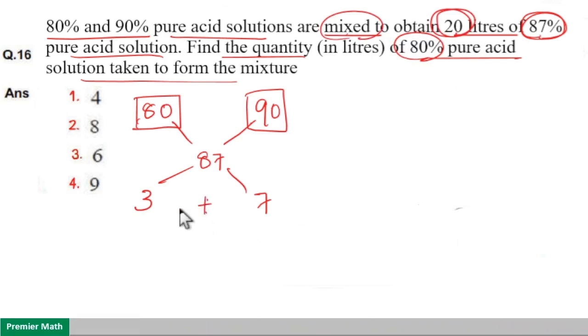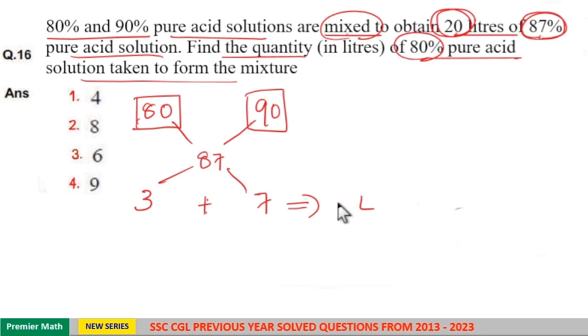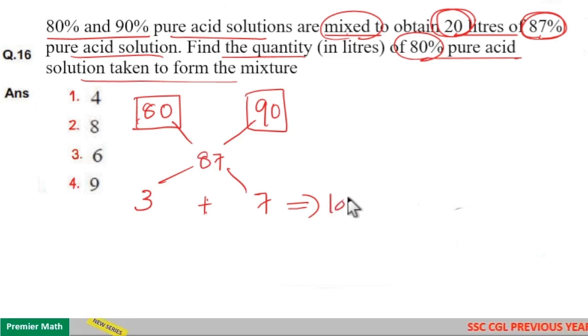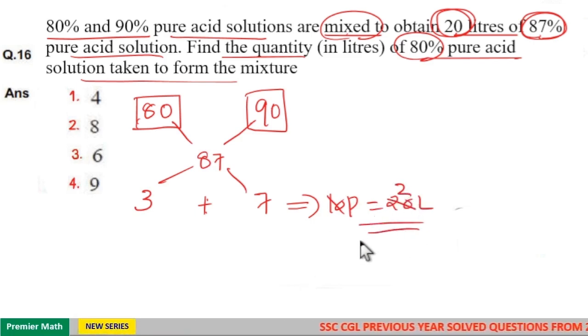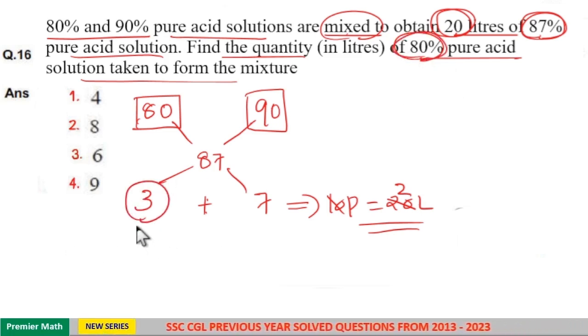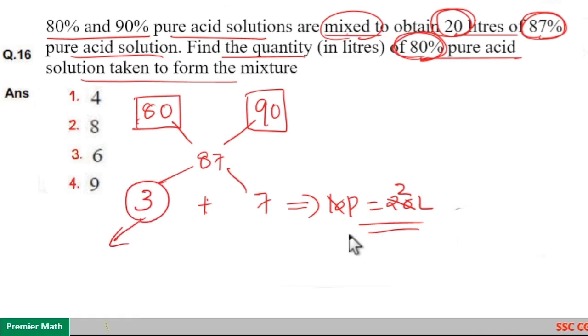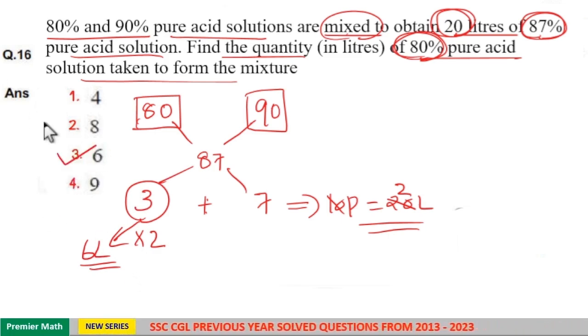That is, 3 plus 7 is 10 parts. 10 parts is equal to 20 liters, which means 1 part is equal to 2 liters. We need the 80% pure acid solution, which is 3 parts. So 3 into 2, 6 liters is the 80% pure acid solution. Option 3 is your answer.